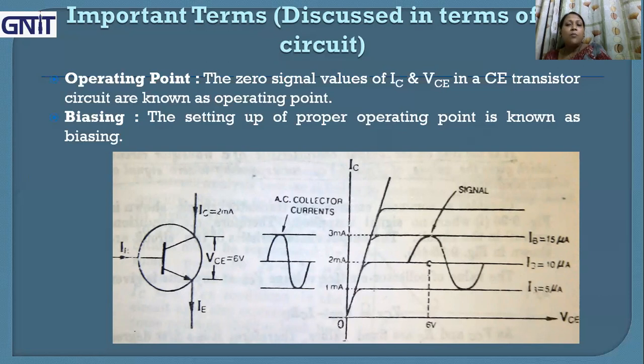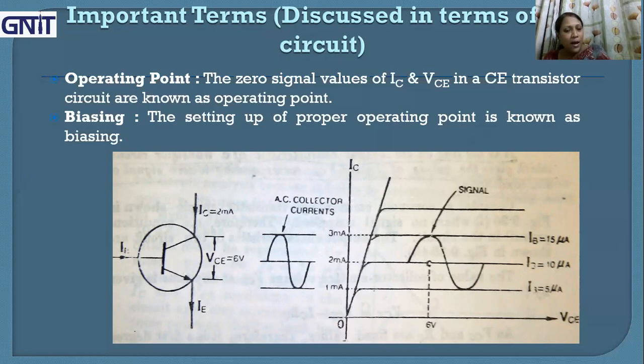So, more precisely, when no signal is applied at the base or at the input terminal of a transistor, still there is a value of IC and VCE we are getting. That point, if we plot in the characteristic curve, we will get operating point. So biasing is related to operating point. The setting up of proper operating point is known as biasing.